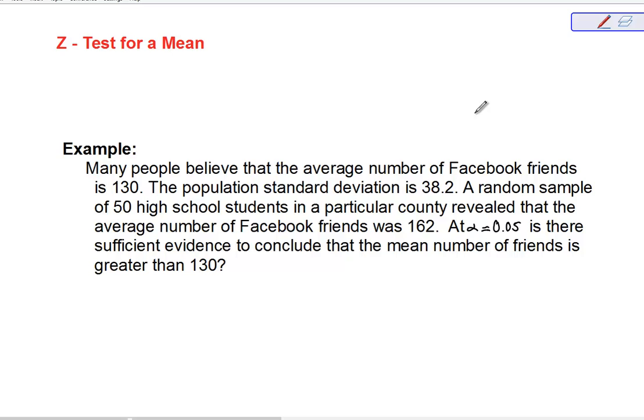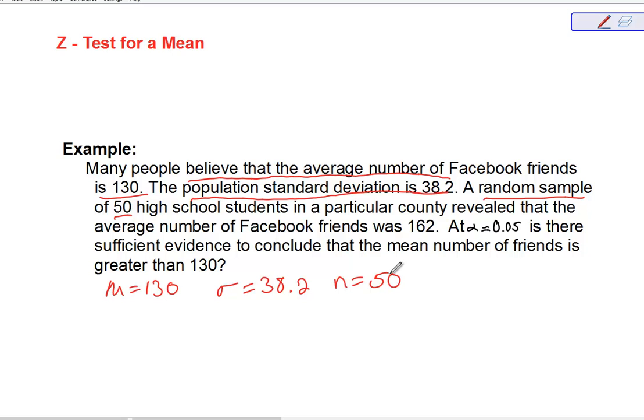So let's pick out the information that we know and write it down. It says that it's believed that the average number is 130, so that's what we're assuming the population is. That's going to be our population mean. It tells us here that the population standard deviation is 38.2. Then we have a random sample of 50, so that's going to be our n.